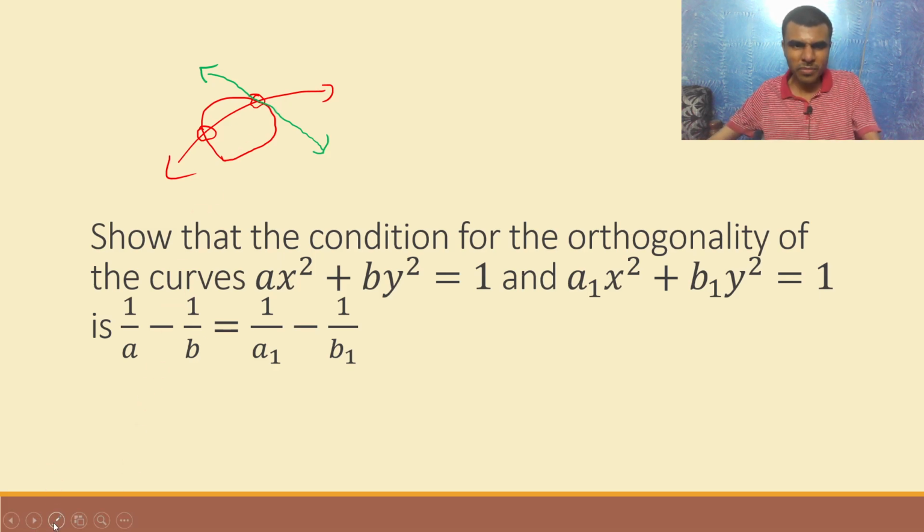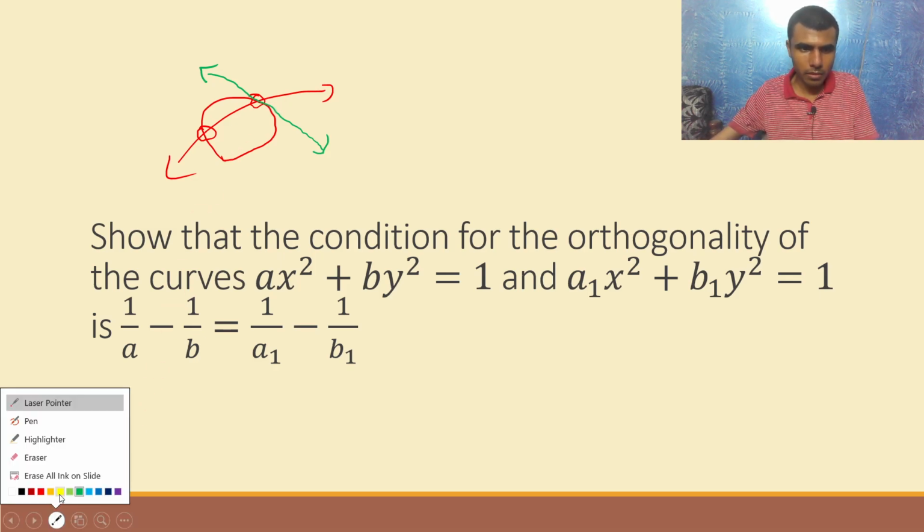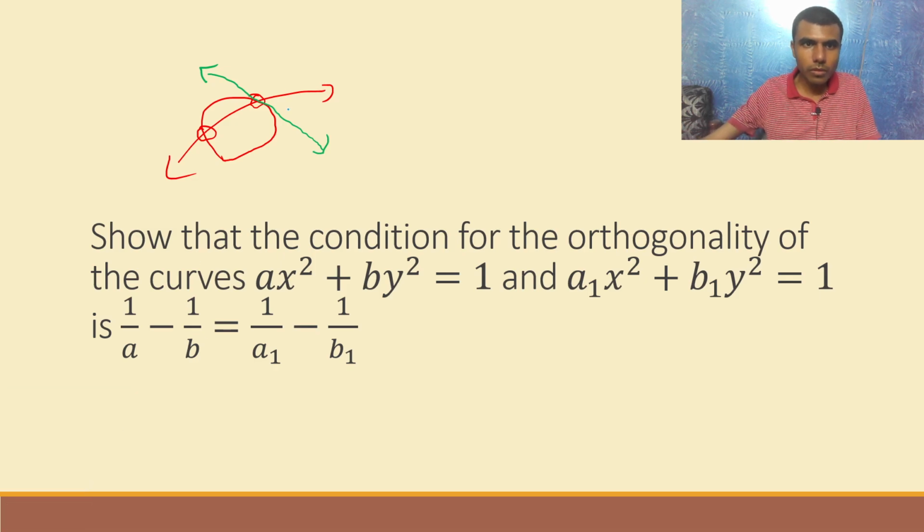Next, let me take blue. You know what a tangent is, right? Tangent means it should meet the curve at only one point. This green line is touching the circle at only one point, and this blue line is touching the first curve which I drew at one point.